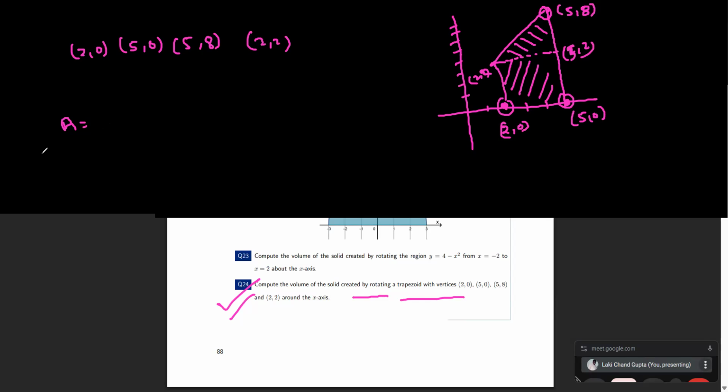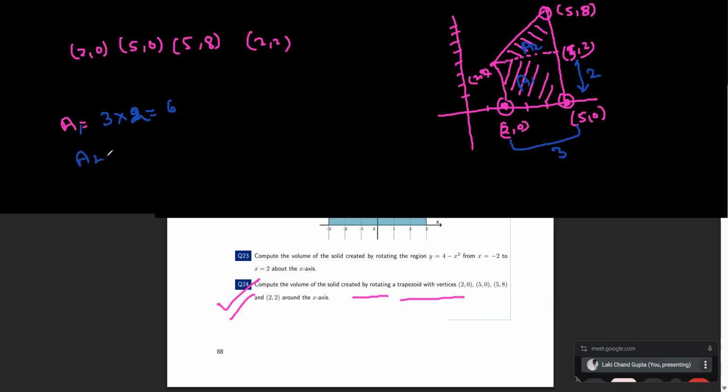So I divided this into two parts. One part is a rectangle. Let's suppose A1, this is A2. Area of A1 is length into breadth. Length is 3, and breadth is 2. Why 3? Because from 2 to 5 it is 3 units, and this is of 2 units. 3 into 2, that is 6.